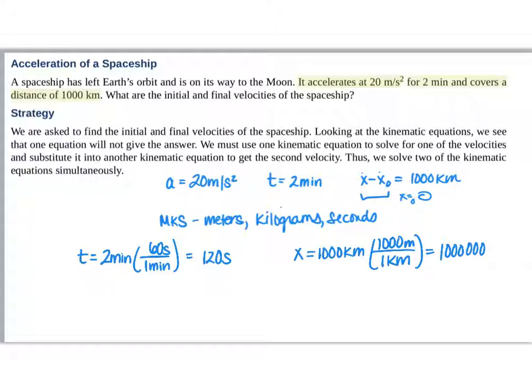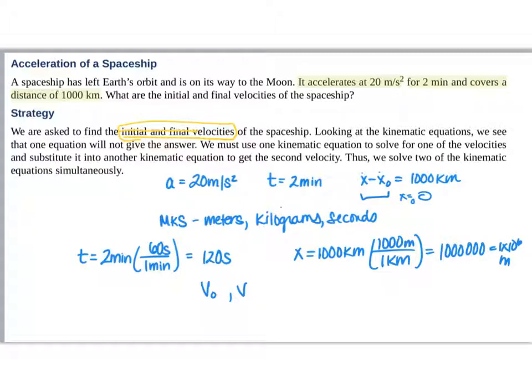Scientific notation makes it a lot easier, so it's 1 times 10 to the 6 meters. Now, the question is we want to know the initial and final velocities of the spaceship. So we want to know v naught and just v.